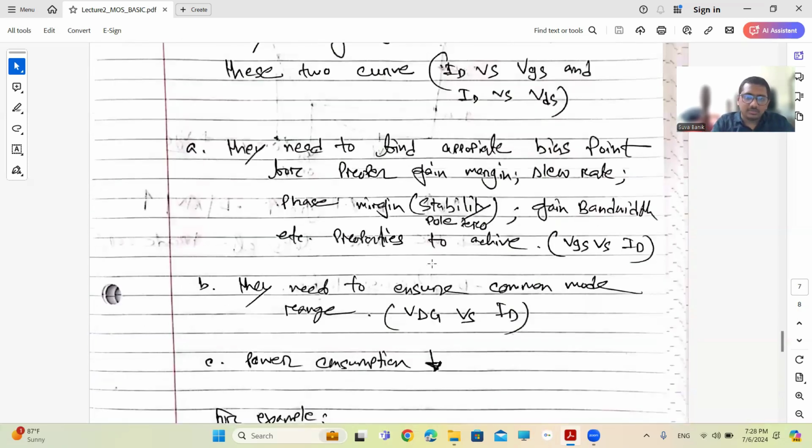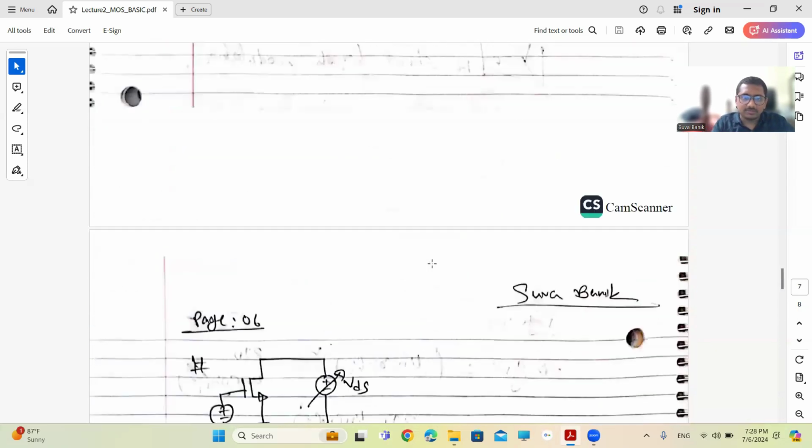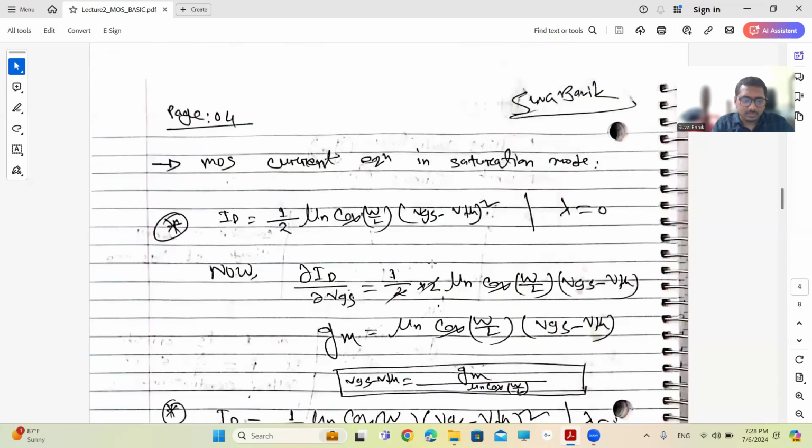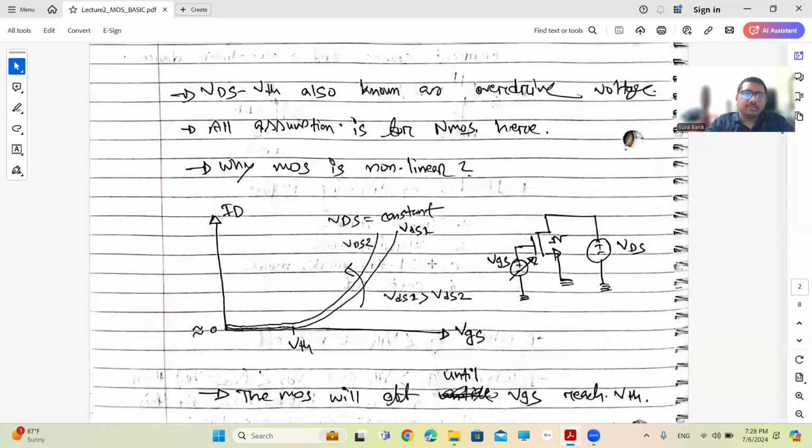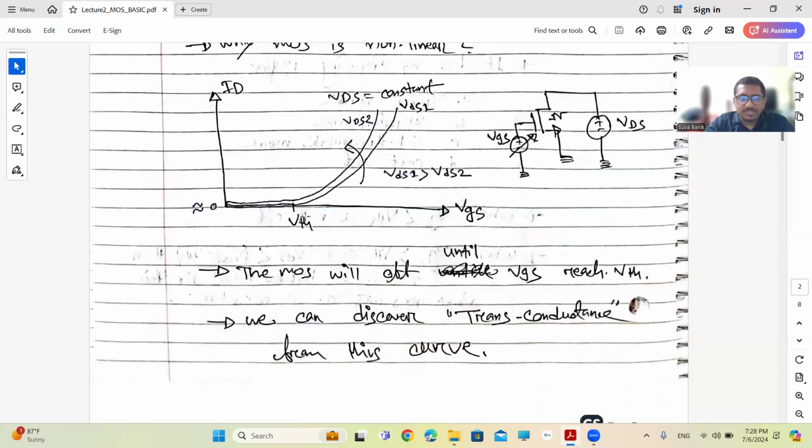Okay, so now let's see. This curve is the VGS versus ID curve, and you can clearly see that there are two voltages basically, VGS and VDS. First of all, we need to keep one voltage constant. If we keep VDS constant and vary the VGS, we can find this curve. Obviously this VDS can be 1 volt, 2 volt, anything.